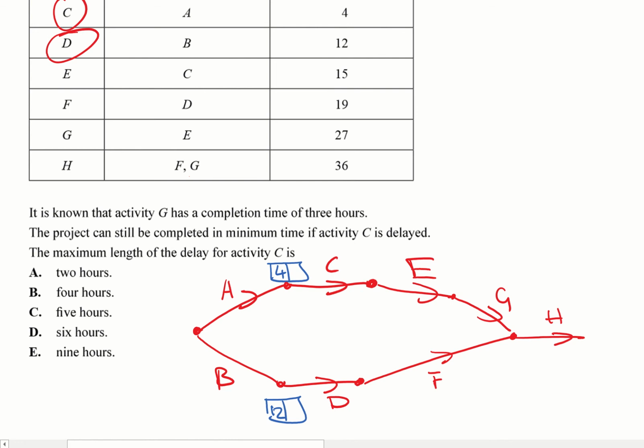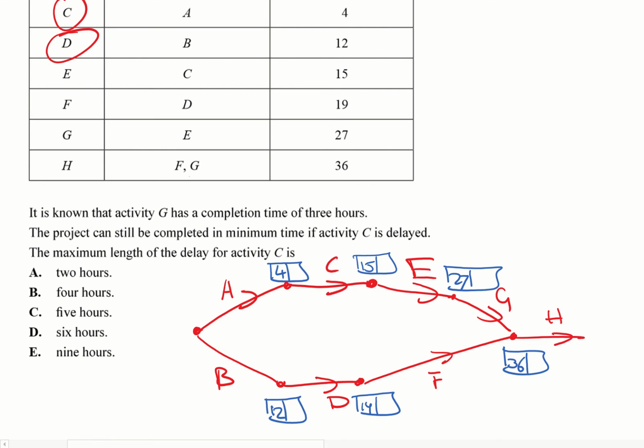Early start time for E, 15. Early start time for F, 19. Early start time for G is 27. And early start time for H is going to be 36. Okay.